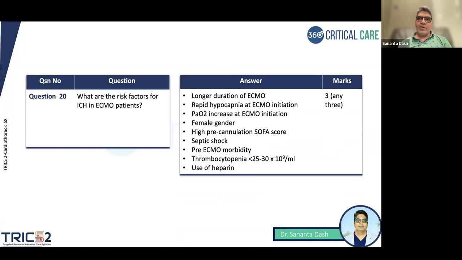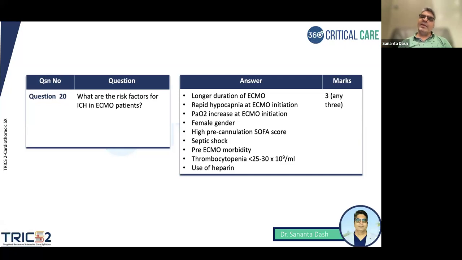Use of anticoagulation, thrombocytopenia, patients with a high severity score, patients who have a high PaO2 at ECMO initiation, because of the variation, there may be blood flow variation causing bleeding into the brain, and long duration of ECMO. You don't have to remember them, but coagulopathy, thrombocytopenia, use of high dose heparin, and high severity score at the beginning are the risk factors for intracranial hemorrhage.